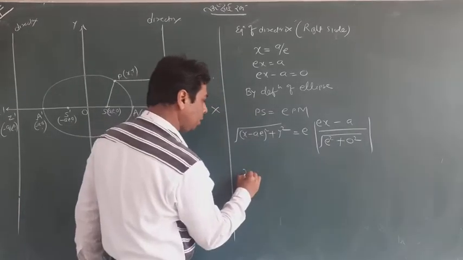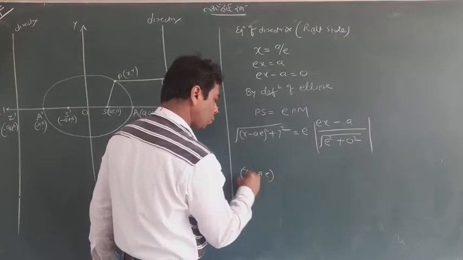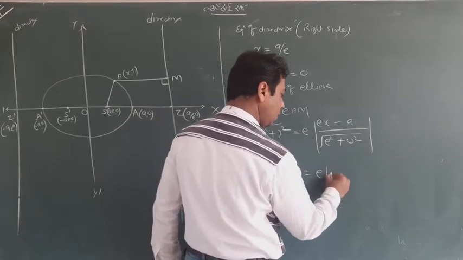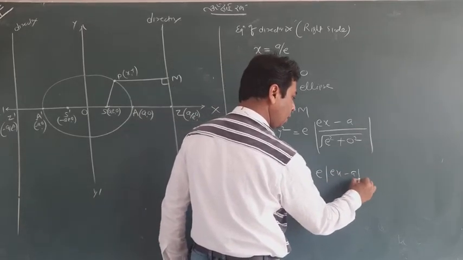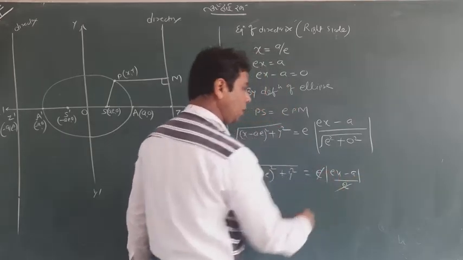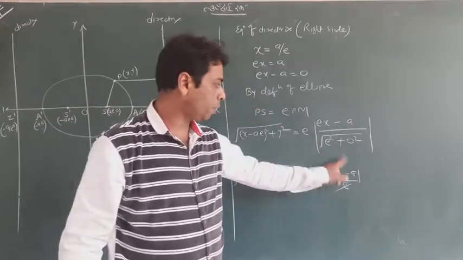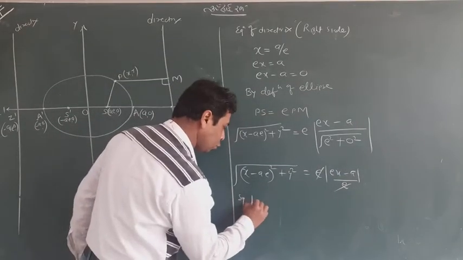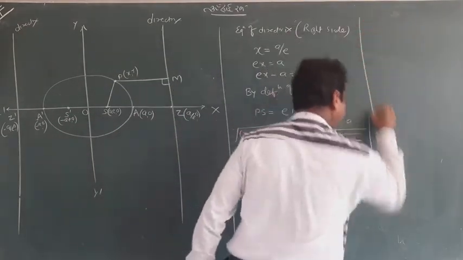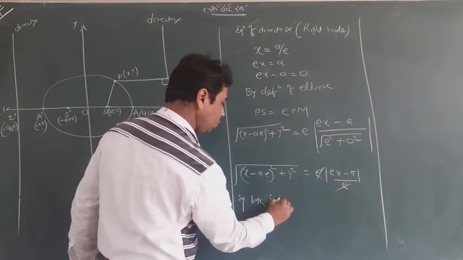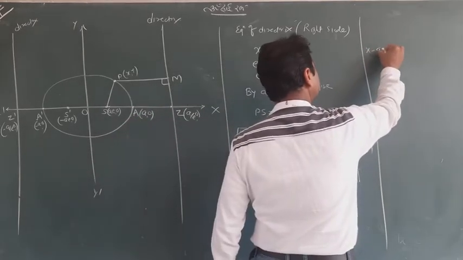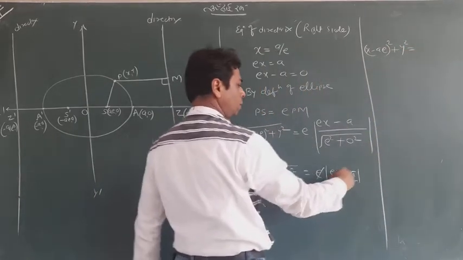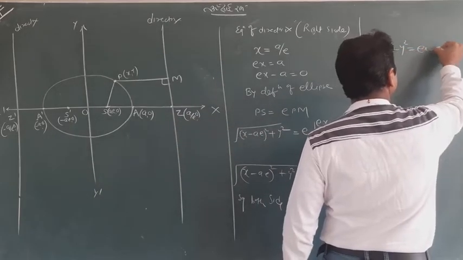Now, (x minus AE) whole square plus y square, under the root, is equal to E times (Ex minus A) upon E. These E cancel. Then we do the squaring. After squaring, both sides: (x minus AE) whole square plus y square equals (Ex minus A) whole square.